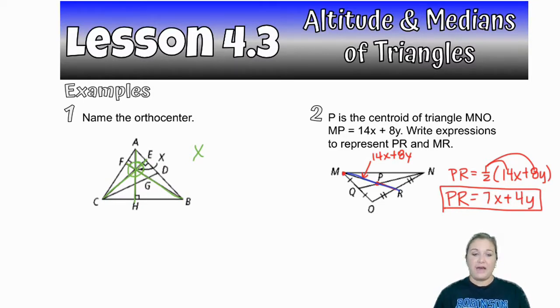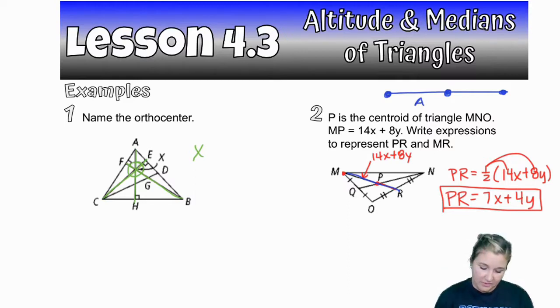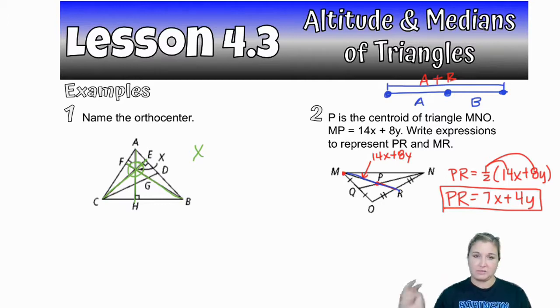That is where if I have a line segment here and it's cut up, and I know that this piece is distance A, and this piece is distance B, then the whole thing from this point to this point would be A plus B. Whatever the A is plus whatever the B is. That seems kind of common sense, but we're going to apply that to finding MR.